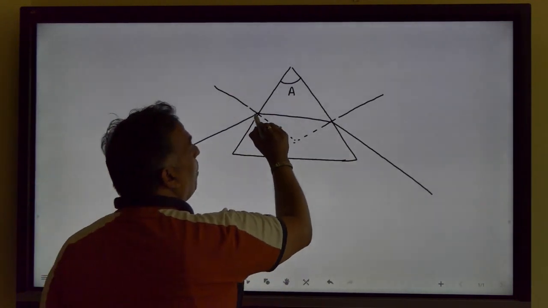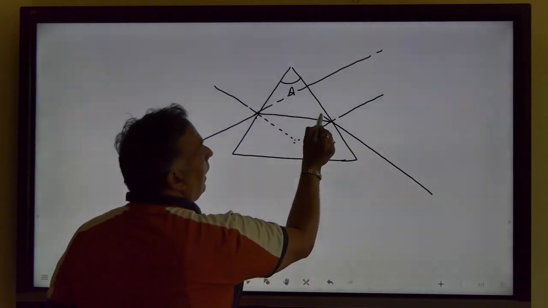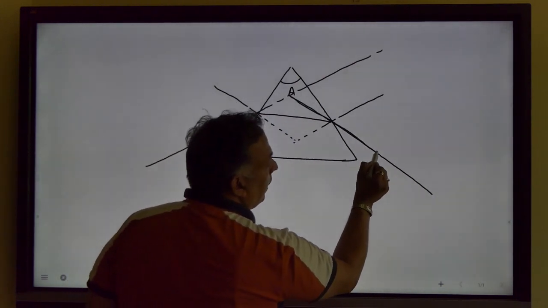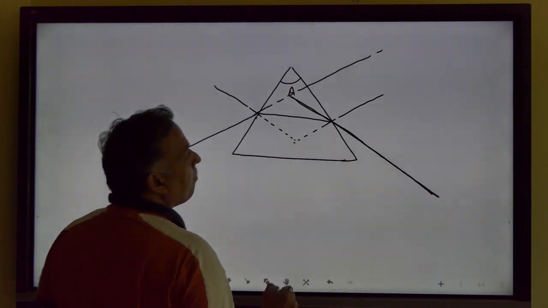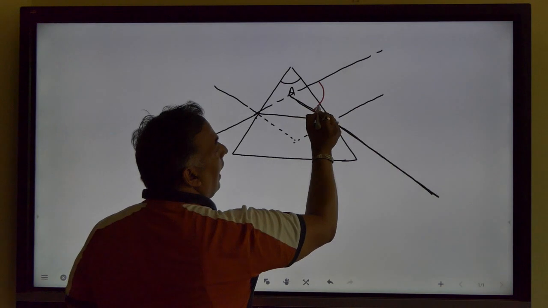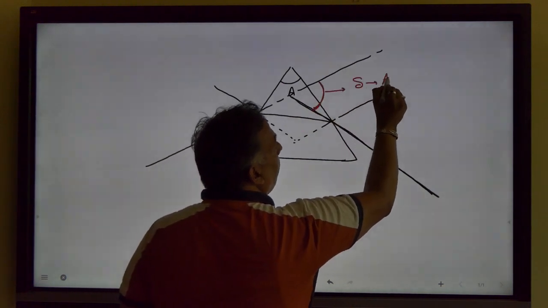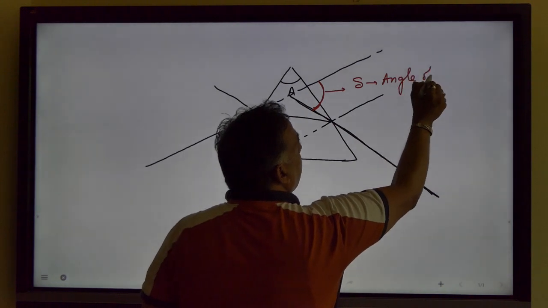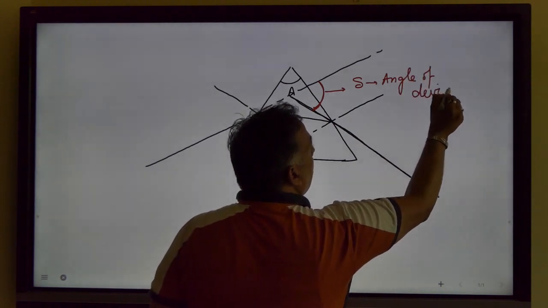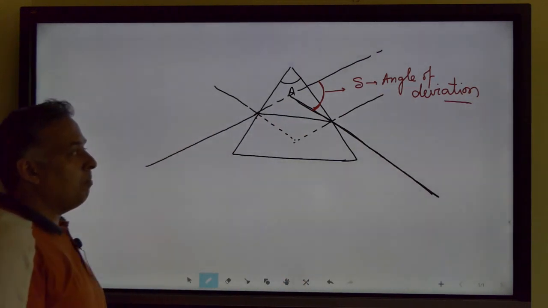It has to go in this direction, but it moves towards this direction. So when it moves towards this direction, this angle is called the angle of deviation. This angle is the angle of deviation.